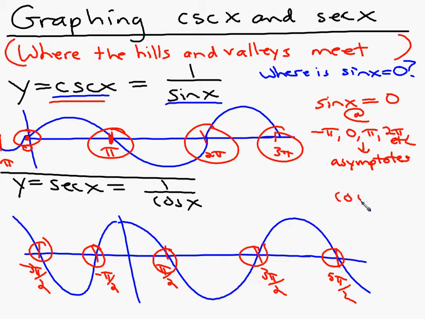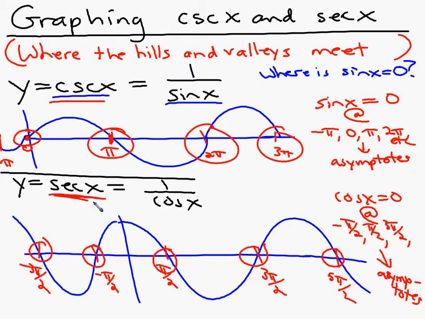Cosine is equal to 0 at negative pi halves, positive pi halves, 3 pi halves, etc. And these are where we will have asymptotes. Those are the asymptotes for secant. All right?